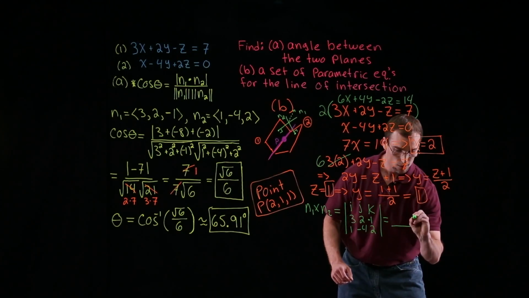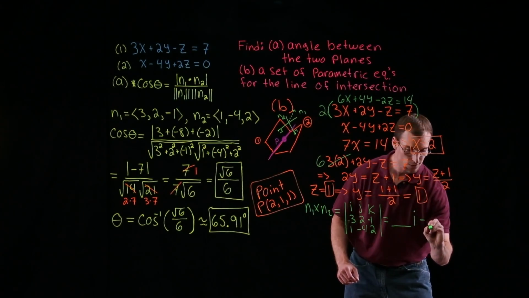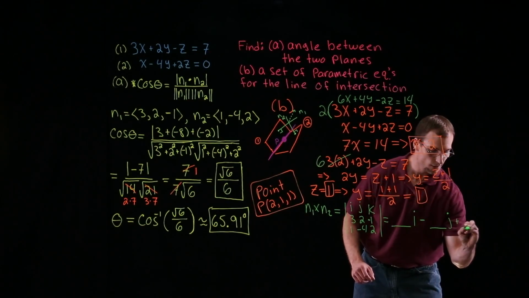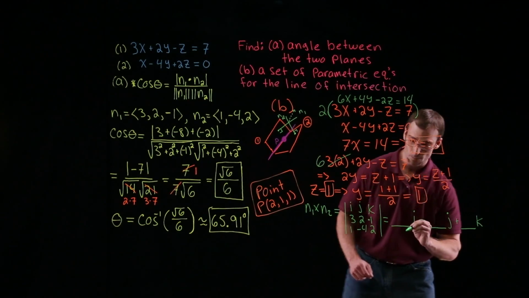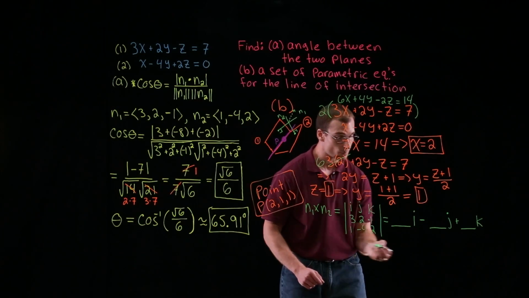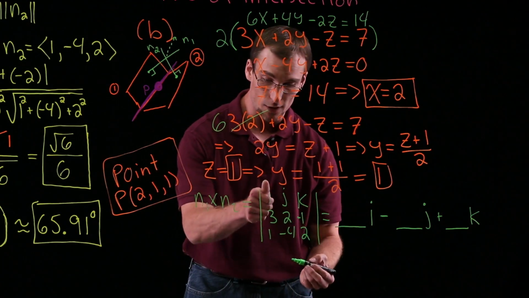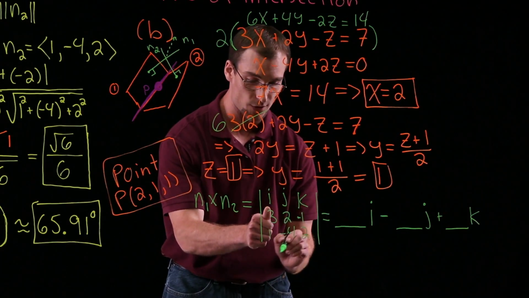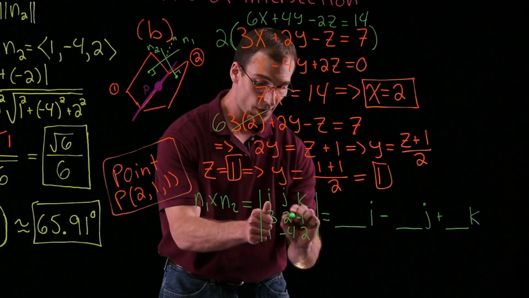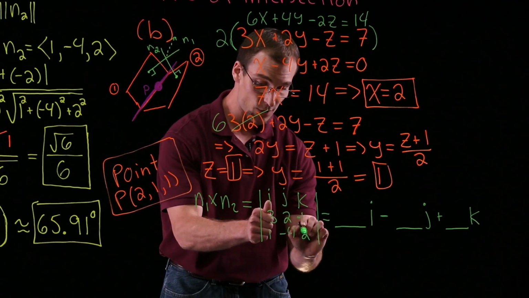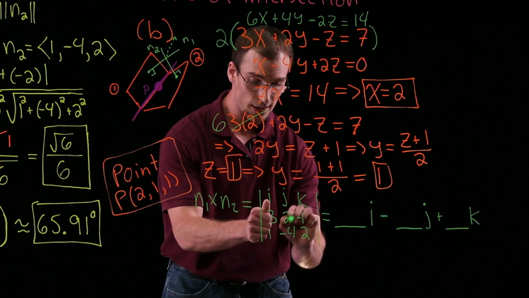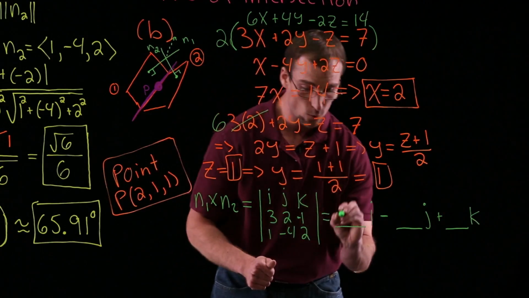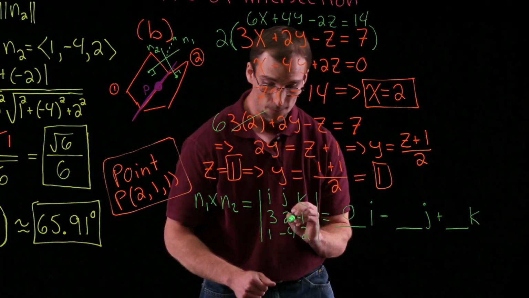Leaving ourselves some space, we find the numbers in front of i, j, and k. For the number in front of i, we cover up the i column and take the determinant of the 2 by 2 matrix of the entries that are left. Multiplying our diagonals, 2 times 2 is 4, minus -4 times 1, so that's 4 minus 4, or just 0.